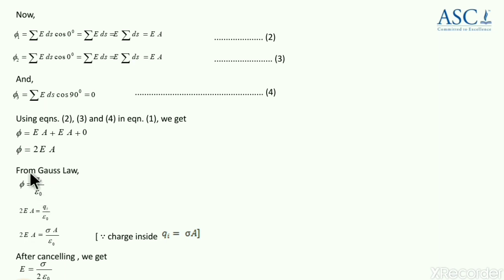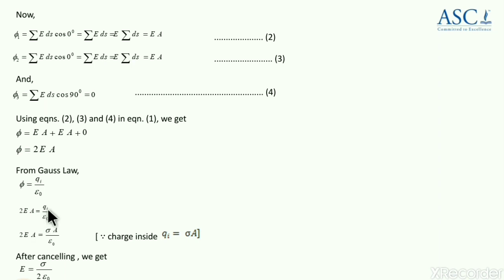See what Gauss law states: the total flux out of a closed surface is equal to 1 by epsilon naught times the charge enclosed by that closed surface. This is the statement of Gauss law. So from this expression of flux and from Gauss law, the LHS are the same. On equating these two RHS expressions, we get 2EA equals Qi by epsilon naught.